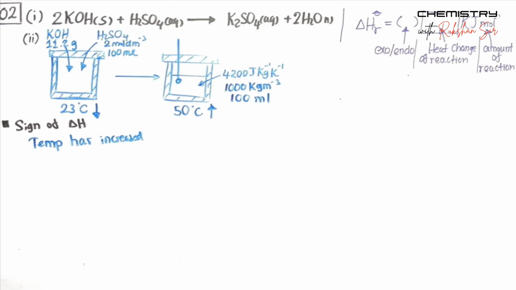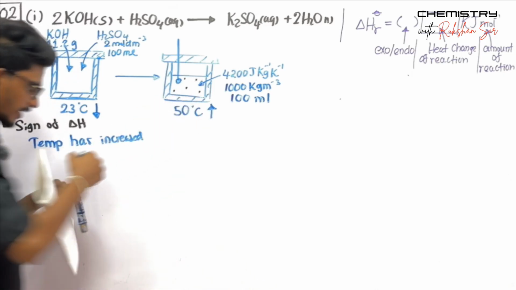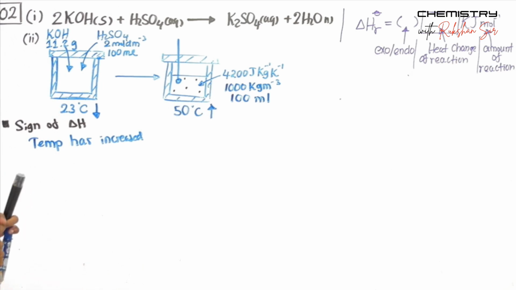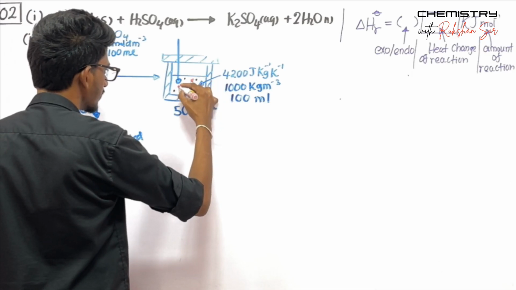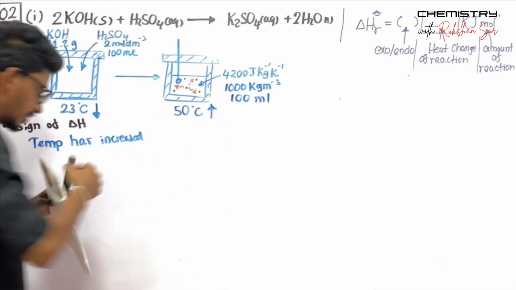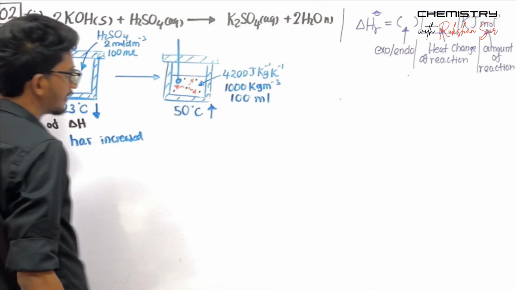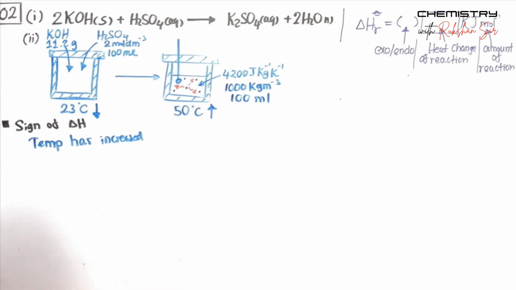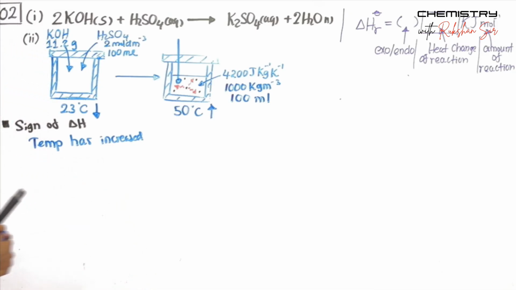That means definitely the reaction has released some heat to the solution, so your reaction is an exothermic reaction. That is how the temperature of the solution increased, as the reaction releases thermal heat to the solution.